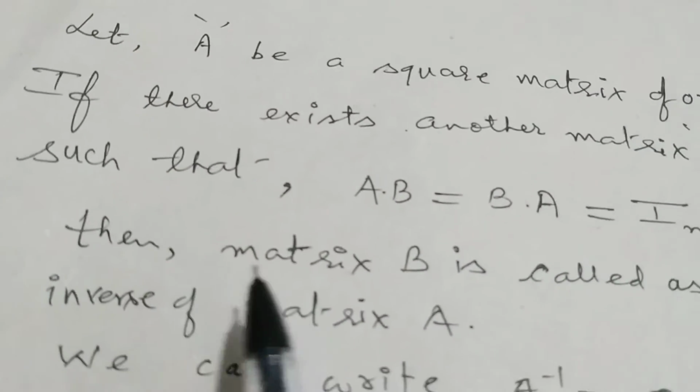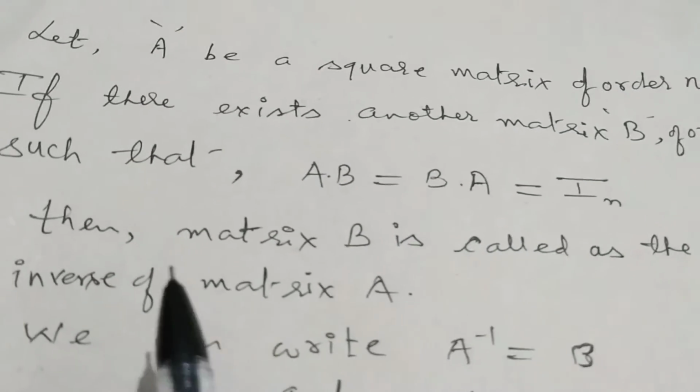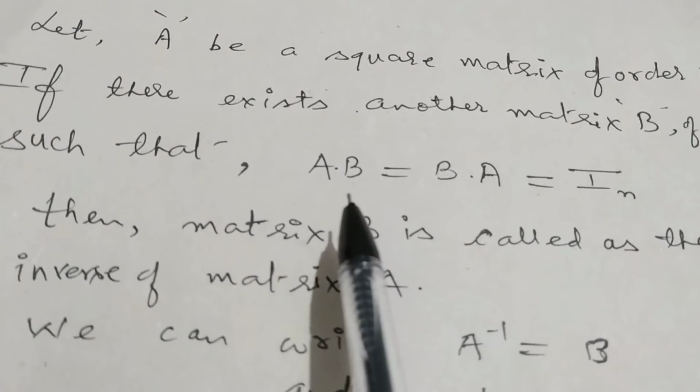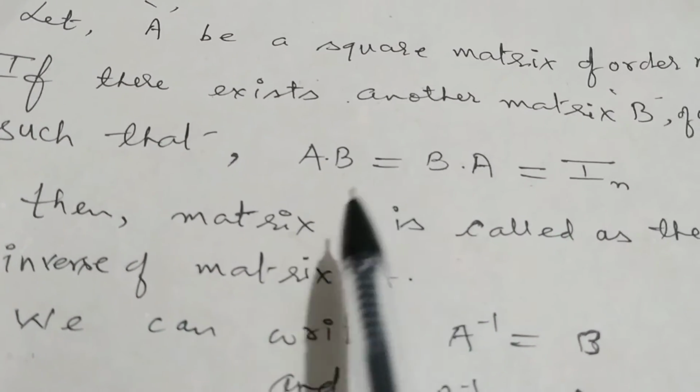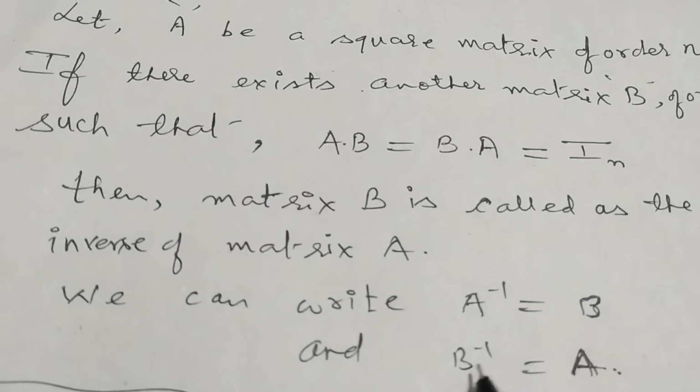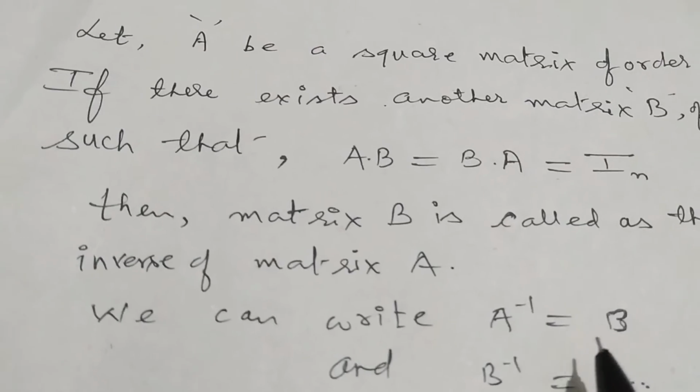So the matrix B is called the inverse of matrix A, and A and B are called inverses of each other. So we can write A inverse equals B and B inverse equals A.